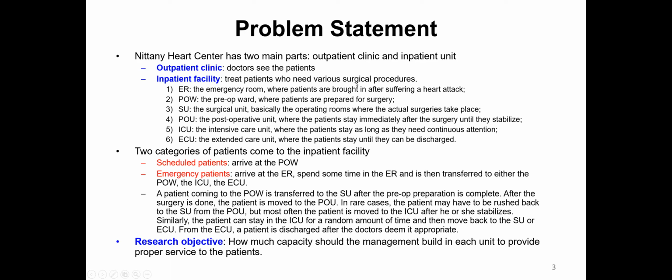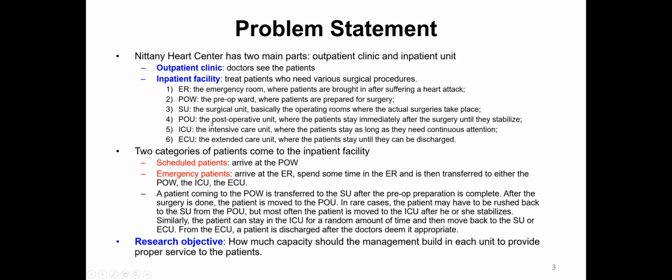So here there are 6 units. ER, the emergency room, is where the patients are brought in after suffering a heart attack. POW is a pre-operative ward where the patients are prepared for surgery. The surgical unit, denoted as SU, is basically the operating rooms where the actual surgeries take place.